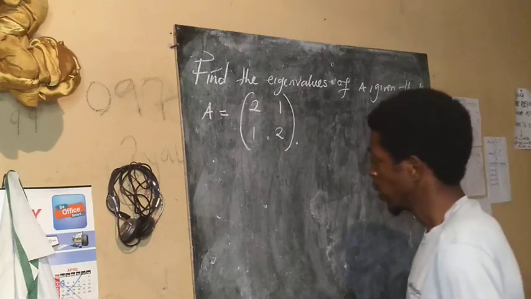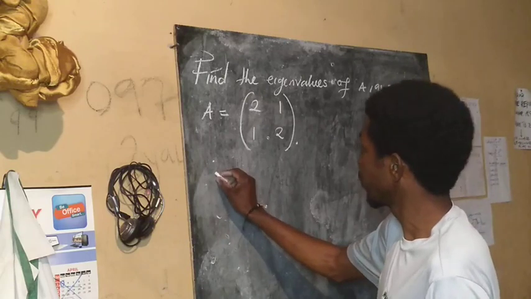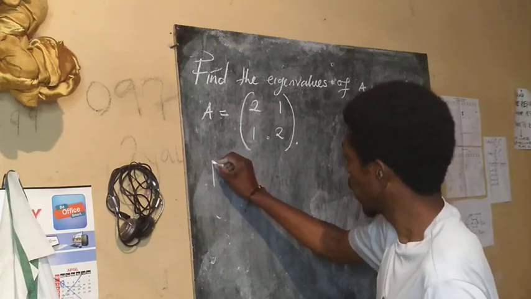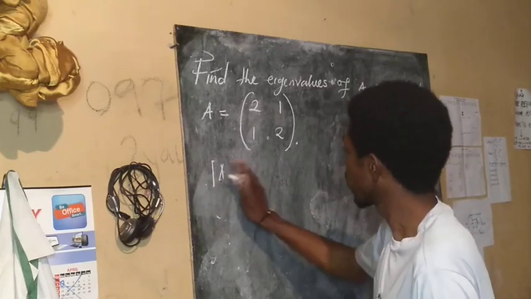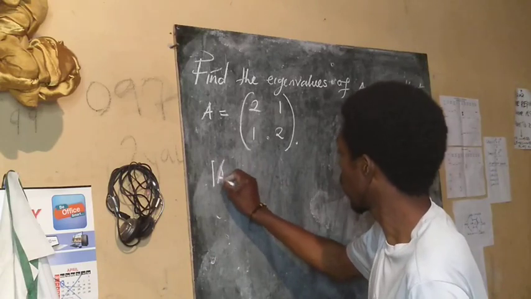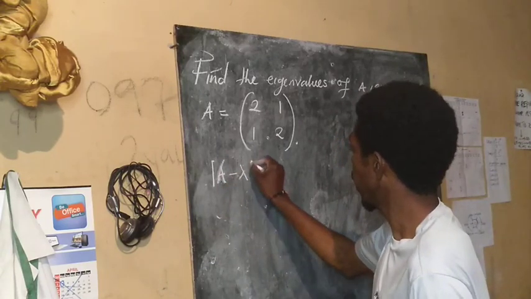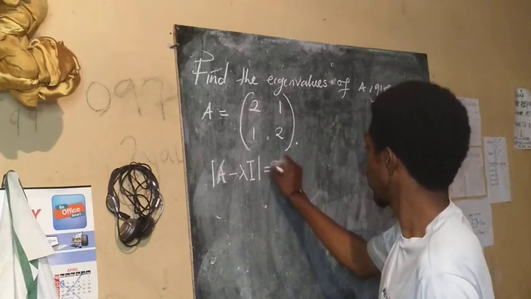So I will say A minus lambda identity equals 0.